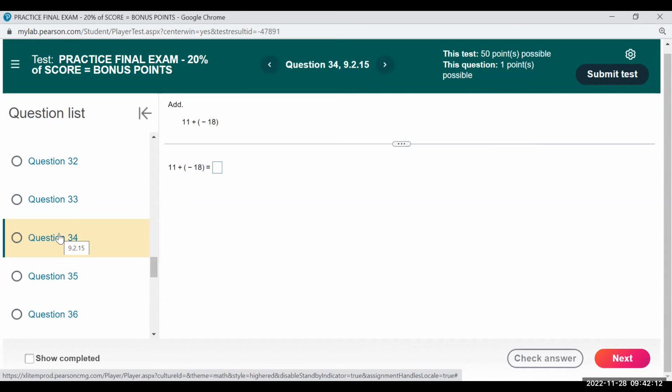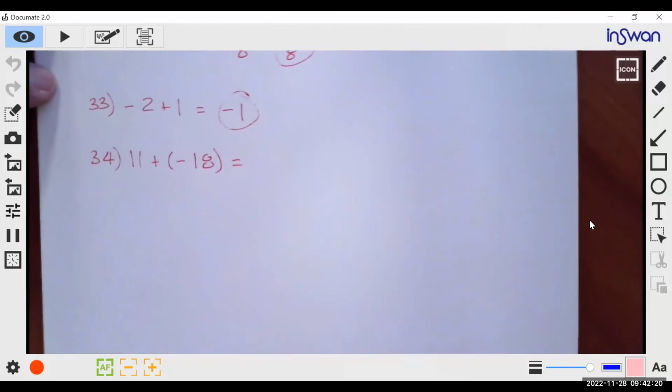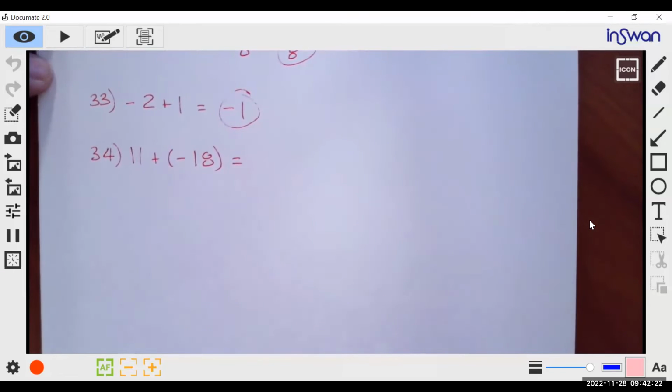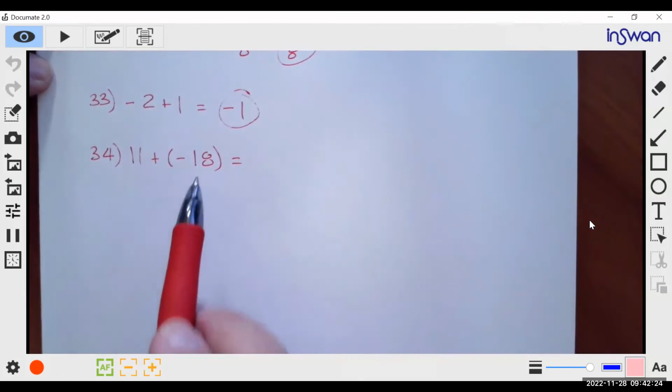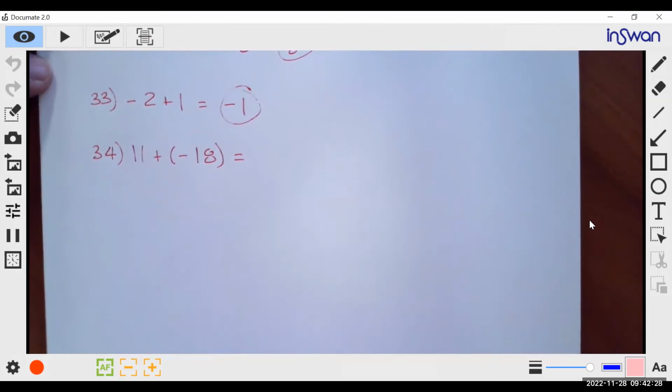11 plus negative 18. Order of operations. Do we have any special operations? Here, but we can't do anything inside there. Do we have any multiplication or division? Yes, we have multiplication. Where?